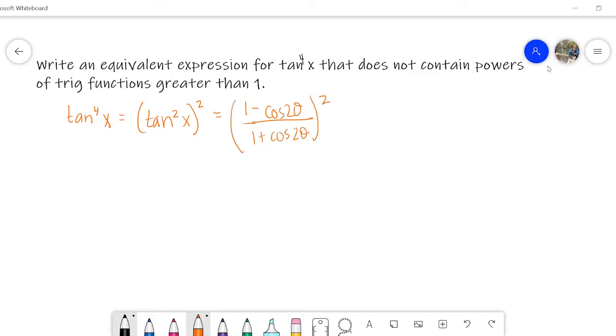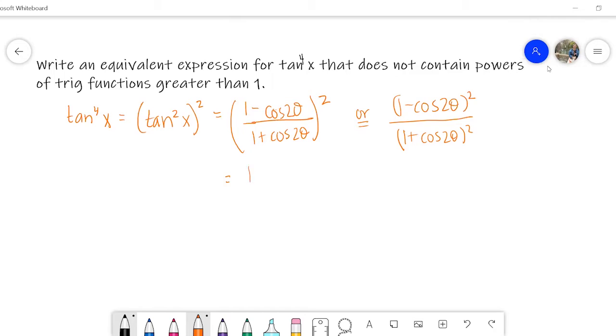quantity squared. So if we expand this, that means the numerator and the denominator are each being squared. In fact, you could rewrite it as (1 minus cosine 2 theta) squared divided by (1 plus cosine 2 theta) squared. And that would mean the same thing. So from here, you're going to rewrite this.